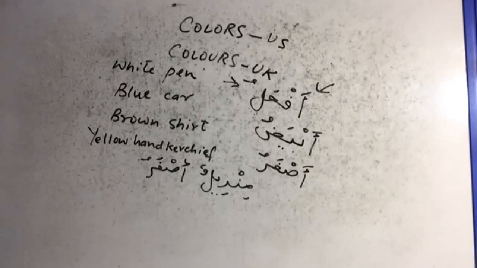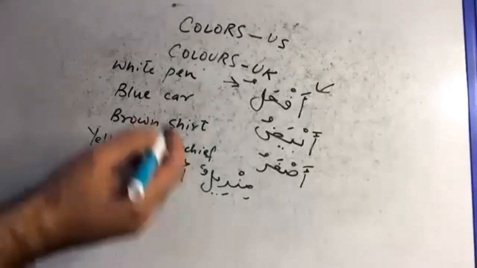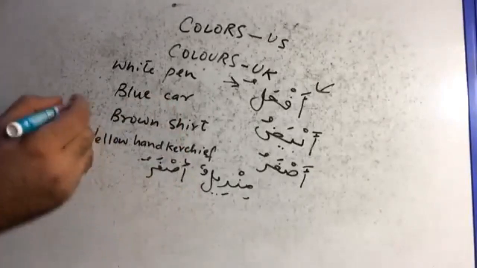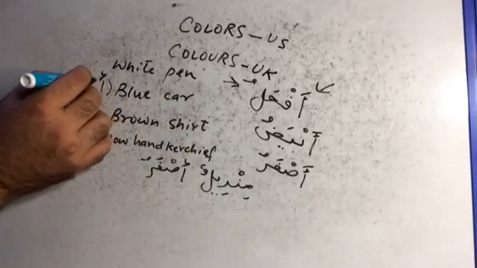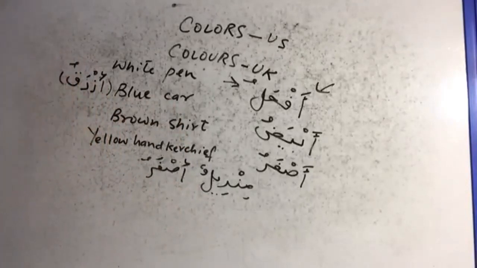asfaru is yellow. And I have blue, blue car. As of now, we will just do masculine. So I'll write blue. I have azraku, means blue. Green. You have to memorize them.